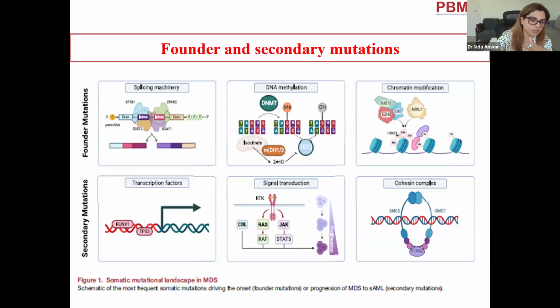After the founder mutations come the secondary mutations, which involve the transcription factors like TP53 and RUNX1, the signal transduction genes CBL, RAS, and JAK, and the cohesion complex genes like STAG2 mutations.